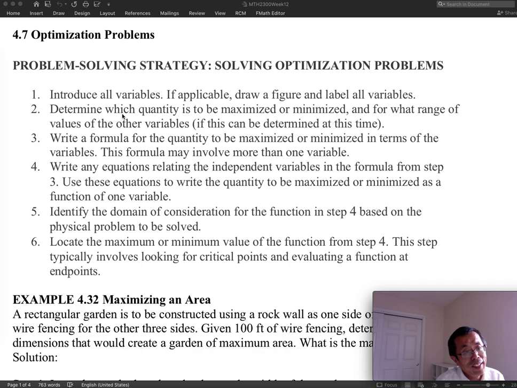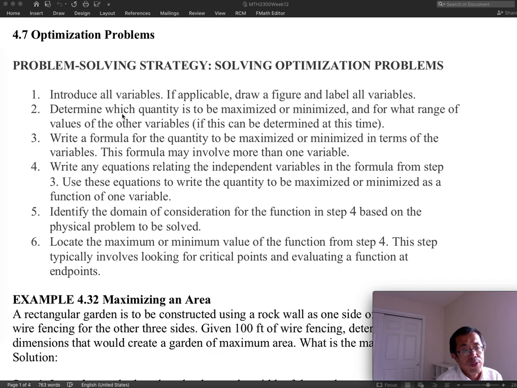So in order to make maximum profit, you really want to minimize your cost. So an optimization problem mathematically is usually about finding a maximum or minimum. After reading the problem, you need to understand clearly which quantity, which variable, to maximize or minimize.